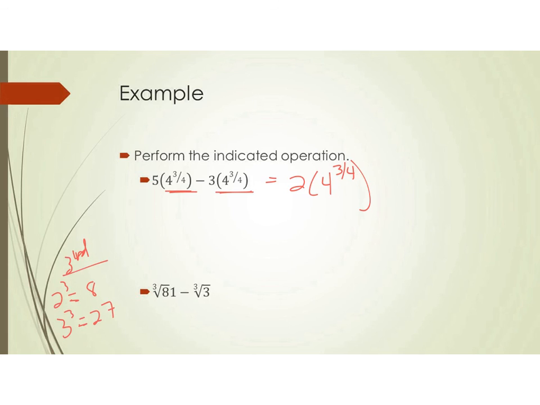All right, so this actually becomes then 3 cube root of 3, because this is going to be the cube root of 27 times the cube root of 3, minus the cube root of 3. So if I have 3 cube roots of 3 and I subtract 1 cube root of 3, I'm left with 2 cube roots of 3.